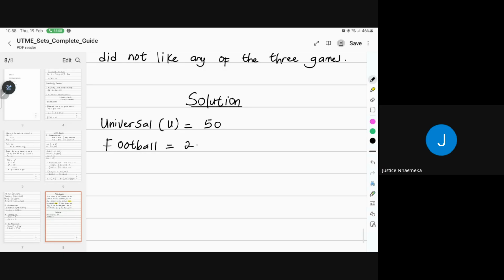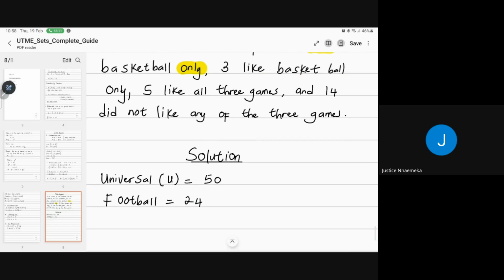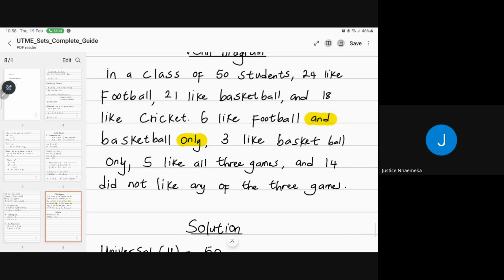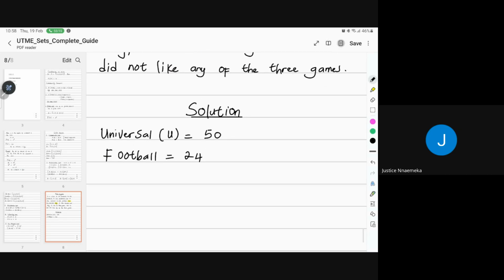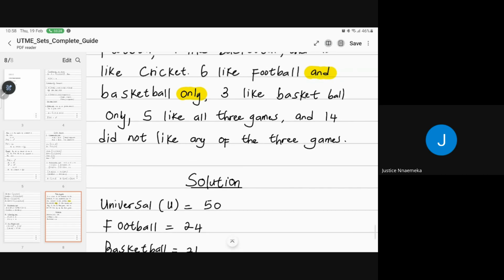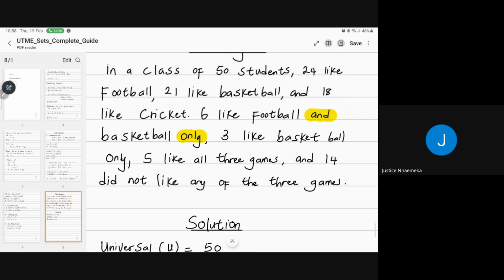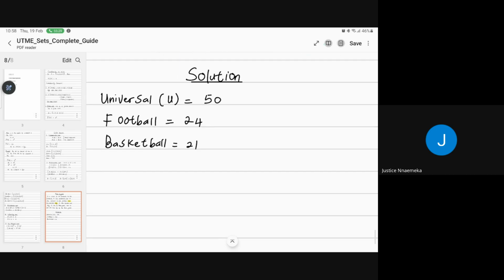Then the next one is 21 like basketball, so basketball is 21. 18 like cricket, so we have 3 games right there. The next one is cricket, and we'll have 18 of them that like cricket.